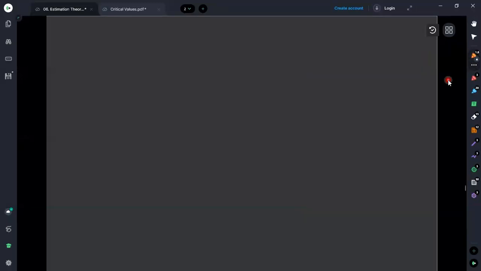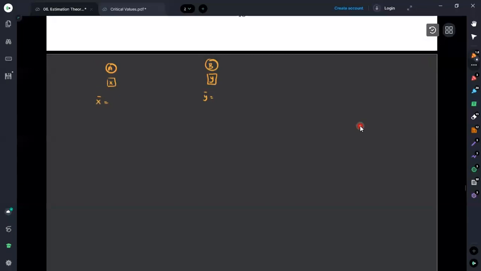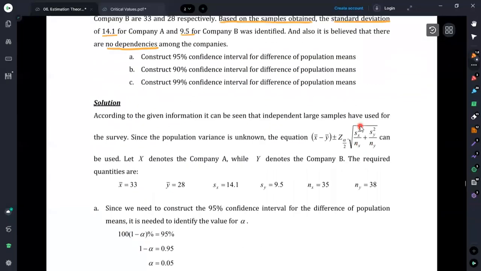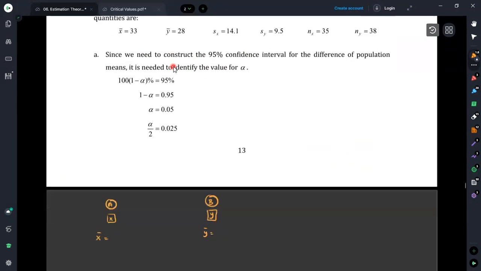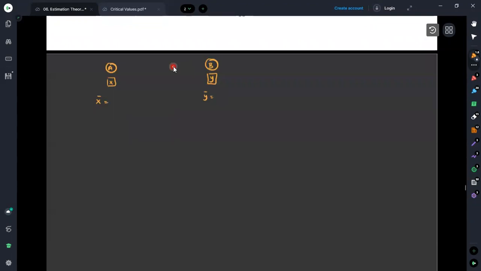according to the survey, they have two companies, A and B. The samples are named X and Y. According to the sample data, we have X bar and Y bar, the sample means, 33 and 28.